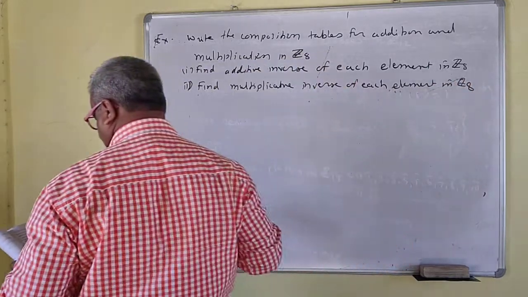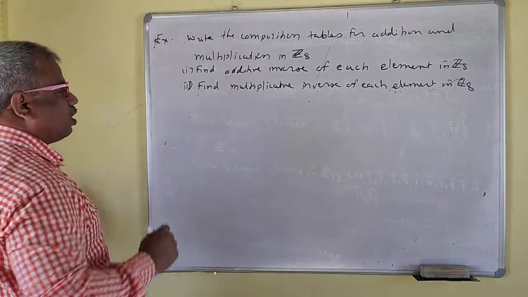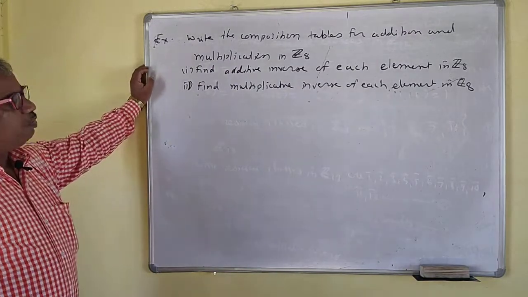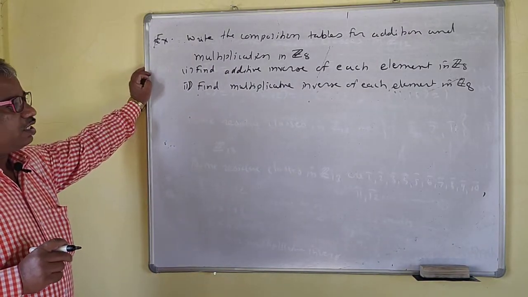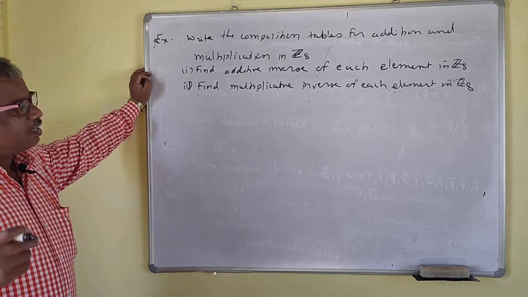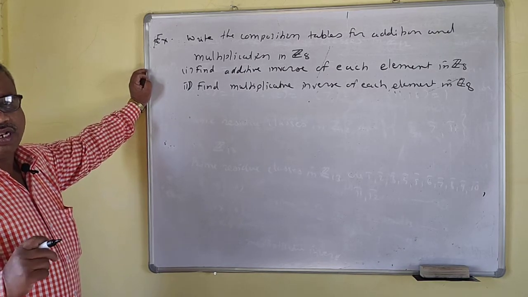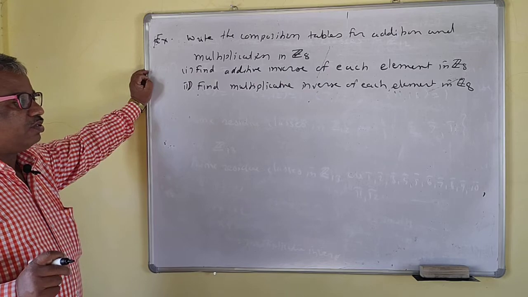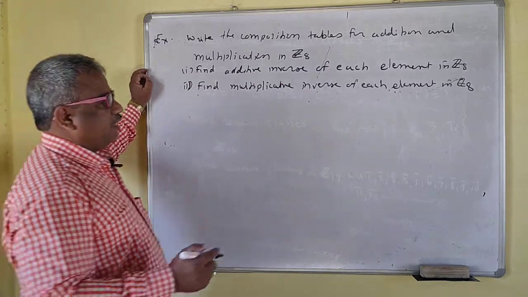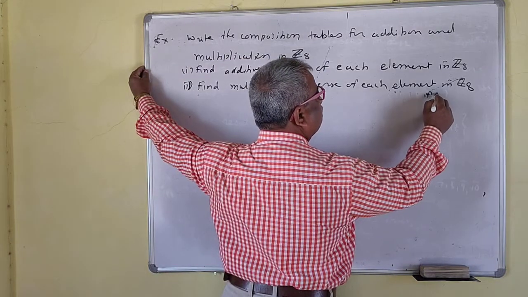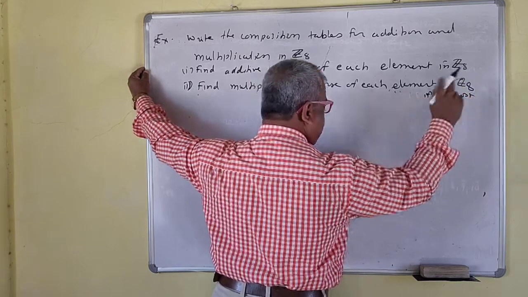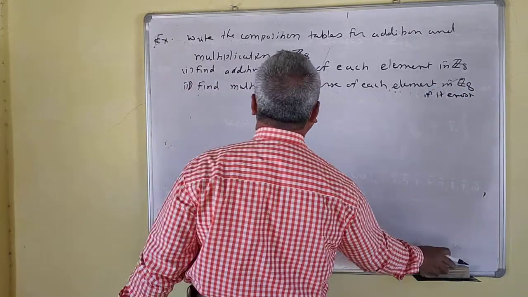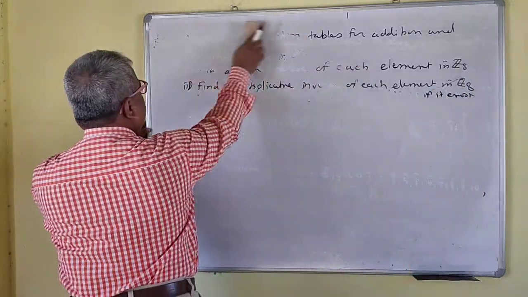First we will do the addition table. We will find additive inverses of each element in Z8, and next we will find a multiplication table, and we will find a multiplicative inverse of each element if it exists. We'll take the solution now.